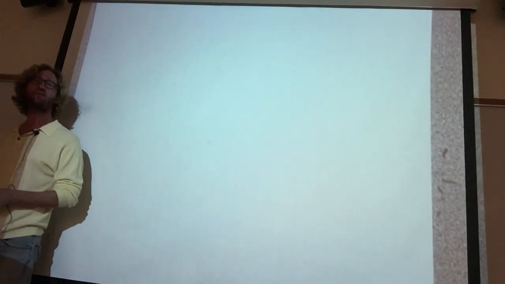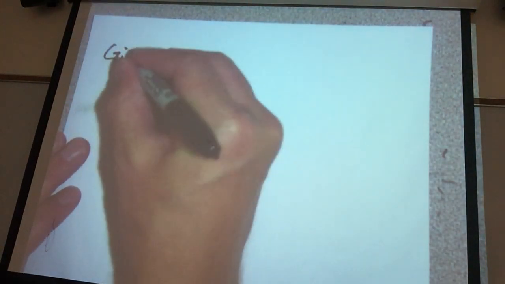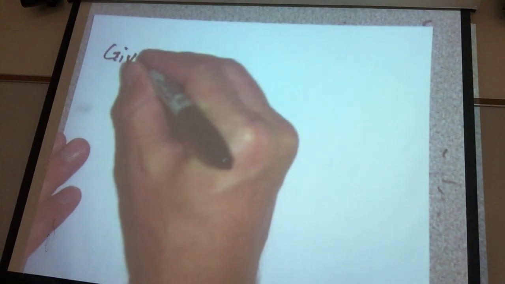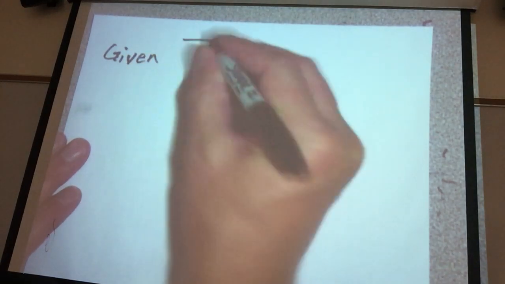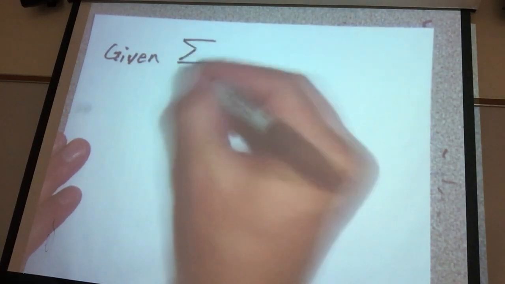Okay, so with alternating series comes the alternating series estimation theorem. Given an alternating series, let's say I'm going to put indices on this.